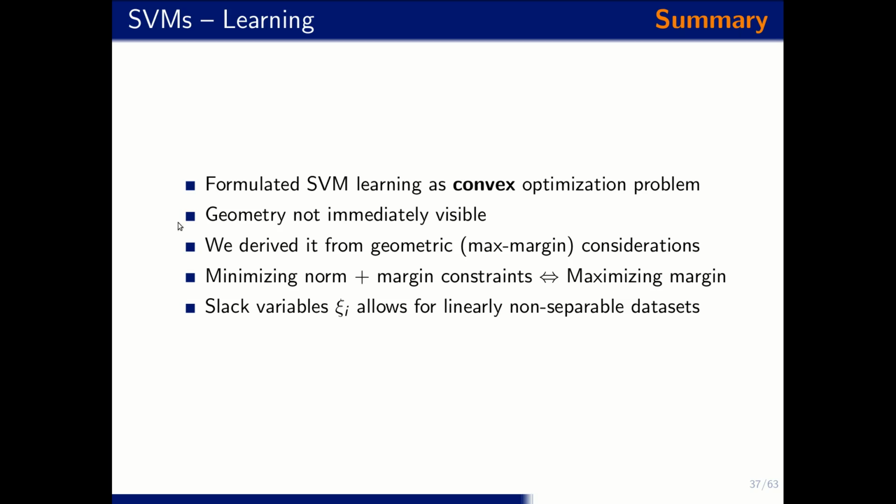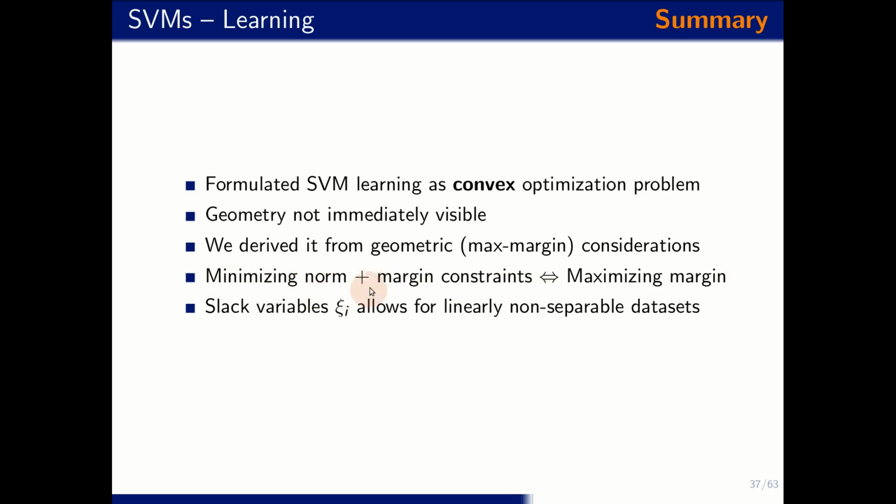In this final formulation, the geometry was not immediately visible anymore. But by doing the whole derivation from a geometric standpoint and ending up with the final definition of our support vector machine, we came up with this recipe: we minimized the norm of our parameter vector subject to margin constraints, which we saw is equivalent to maximizing the margin. This form, minimize the norm plus margin constraints, is very typical in max margin formulations.